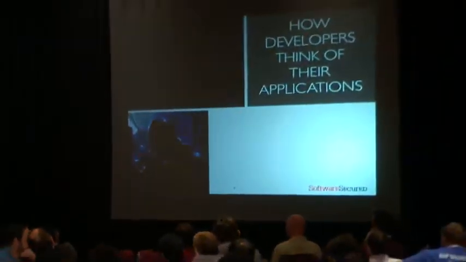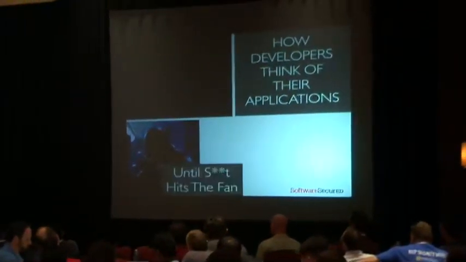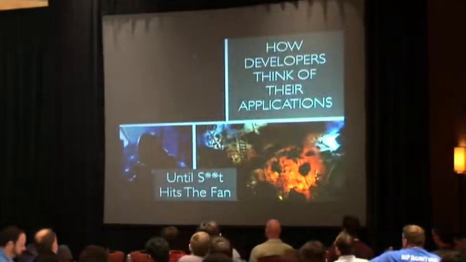And this is how the software industry thinks of their applications. As long as they have firewalls and all those tools, they are okay. Until one ugly-looking Uruk-hai finds a small hole in the wall, and then shit hits the fan, right?